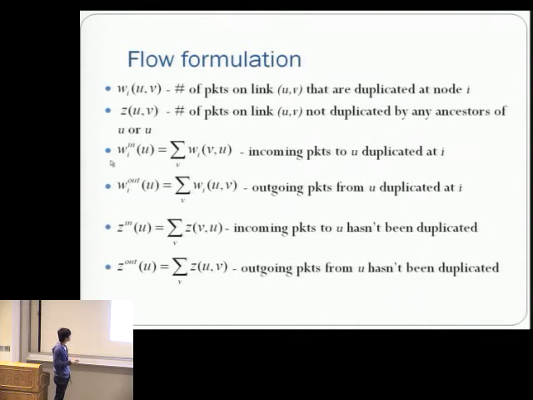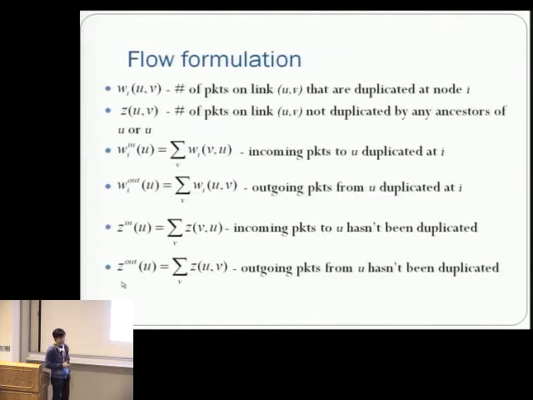If we take the summation over the incoming links of U, we get W_I,in of U, which is the incoming packets to U that have been duplicated by I. The same for outgoing packets, and similarly Z_in and Z_out for the packets that haven't been duplicated before and after U.